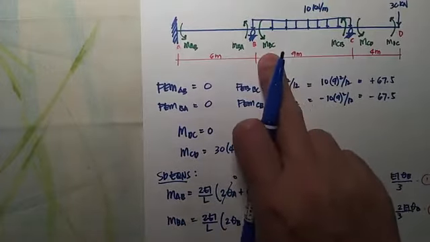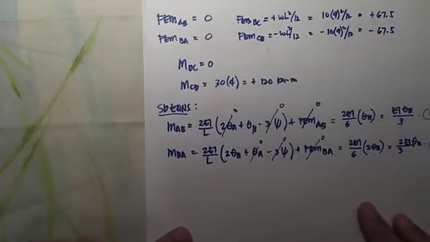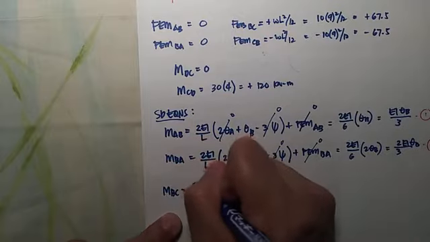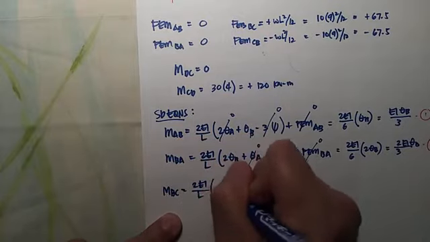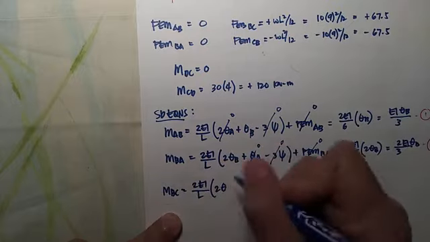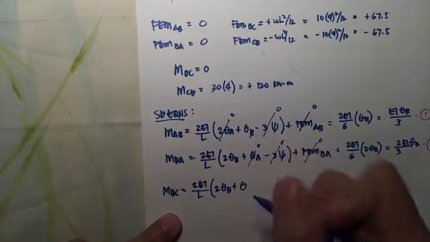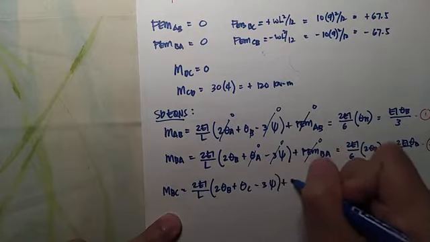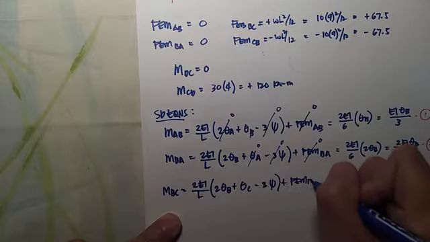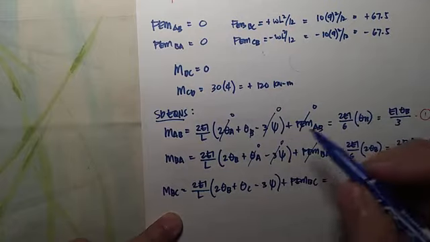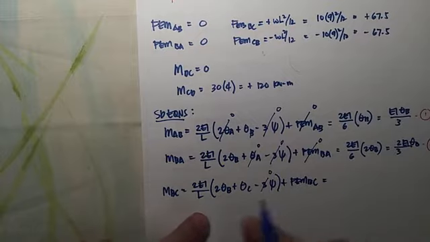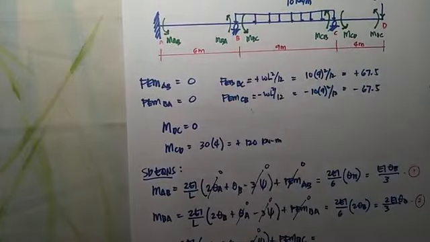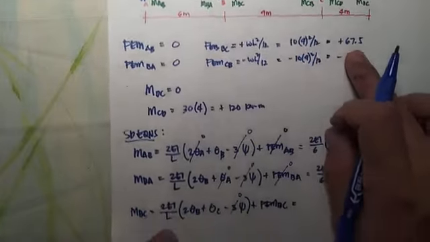Next, how about MBC? For MBC, that is 2EI over L times twice theta at the near point B plus theta at the far point C, minus 3 psi, plus the FEM on BC. Delta is 0, theta B and theta C are not 0, so there is a slope there. The FEM on BC is positive 67.5.